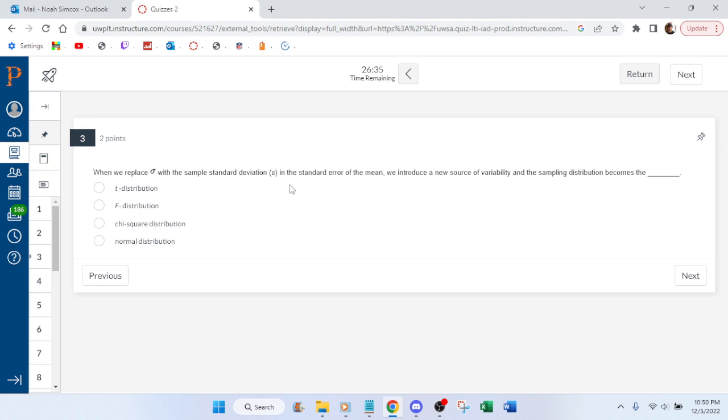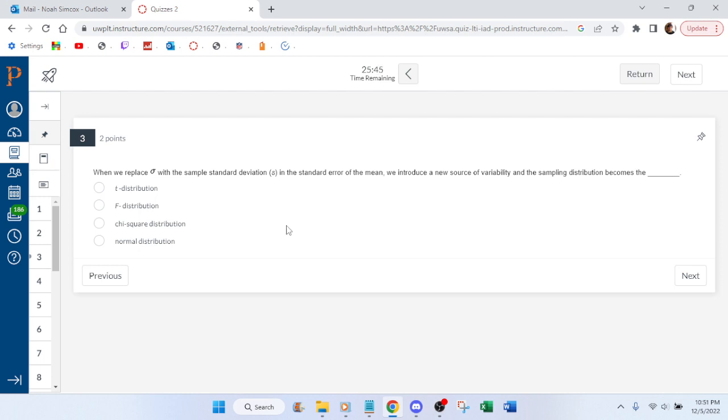Man, why is this so hard? I just want to look this up. I think I'm going to just say it's T distribution. I'm going to say T. I'm totally going to get this wrong, man.